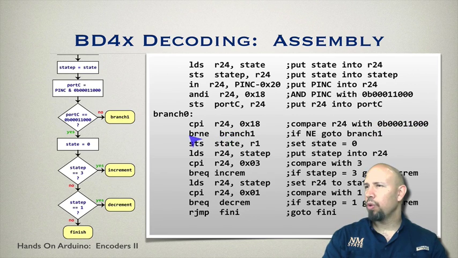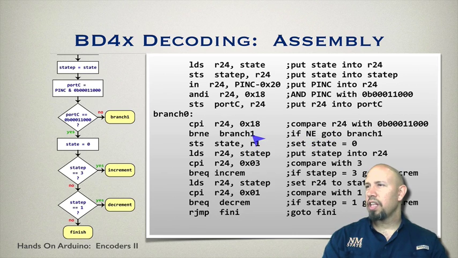If it's not equal, branch if not equal to branch 1. So somewhere down further in the program is branch 1. It's not in this bit of code here, but it's somewhere. So if it's not equal, go to branch 1.